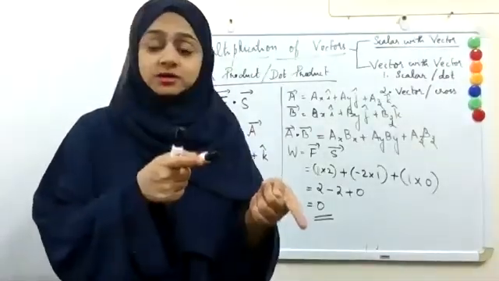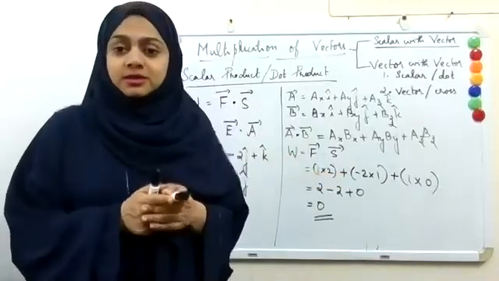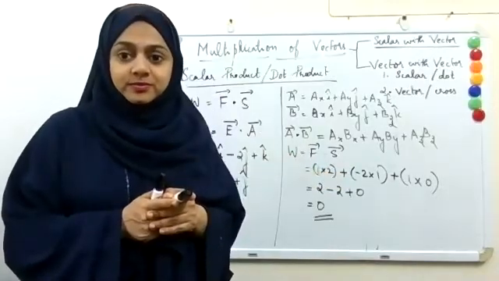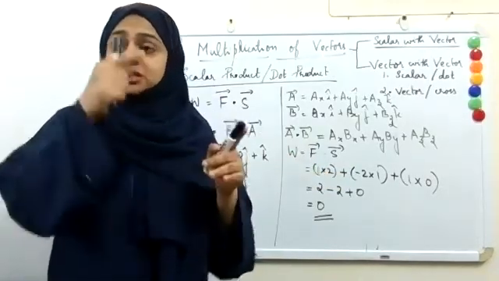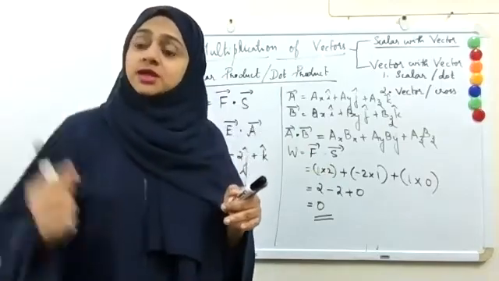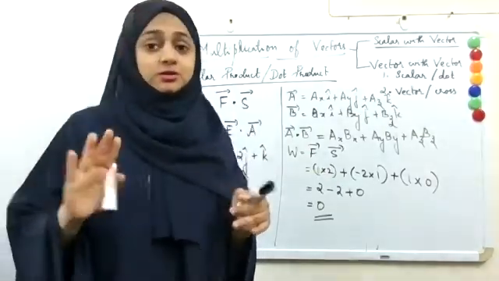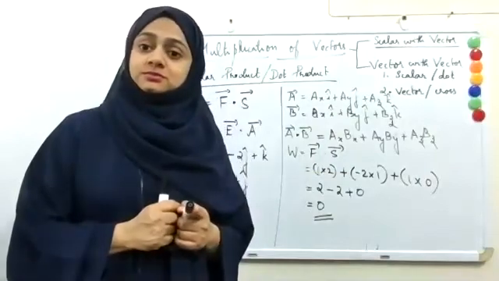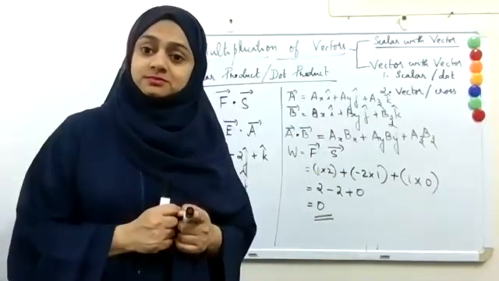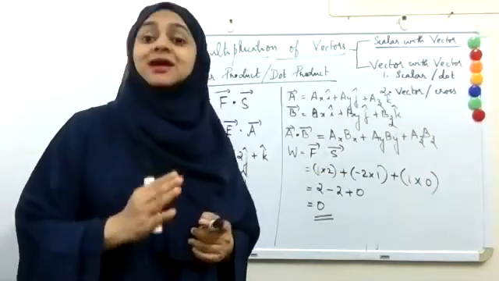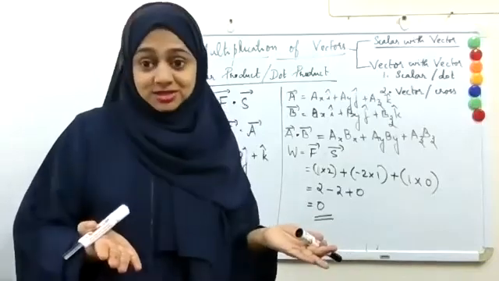Cos 0 is 1, so it cannot be. Opposite direction? Cos 180 is minus 1, not 0. 90 degrees, they are perpendicular to each other.